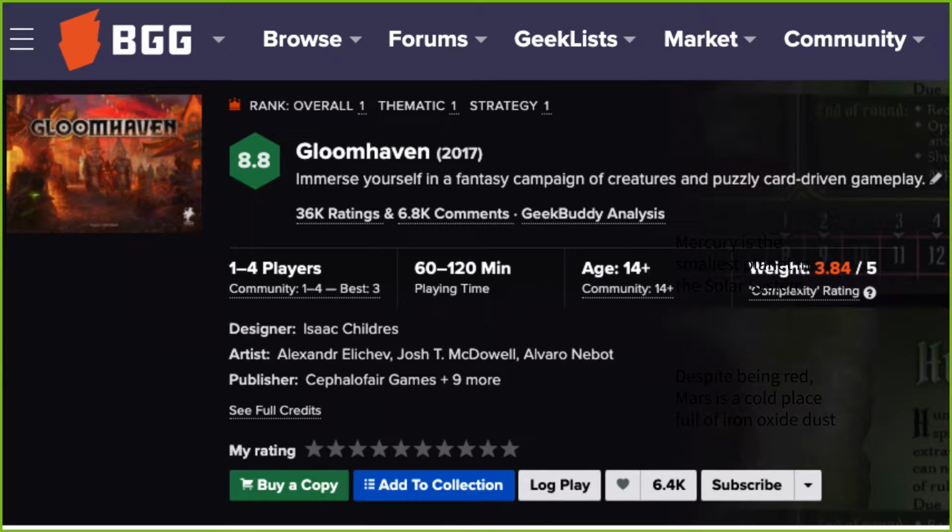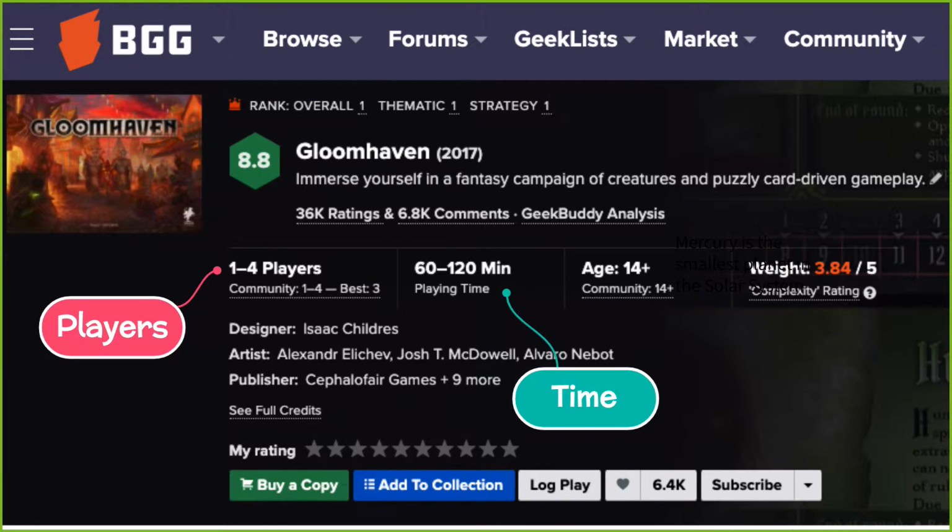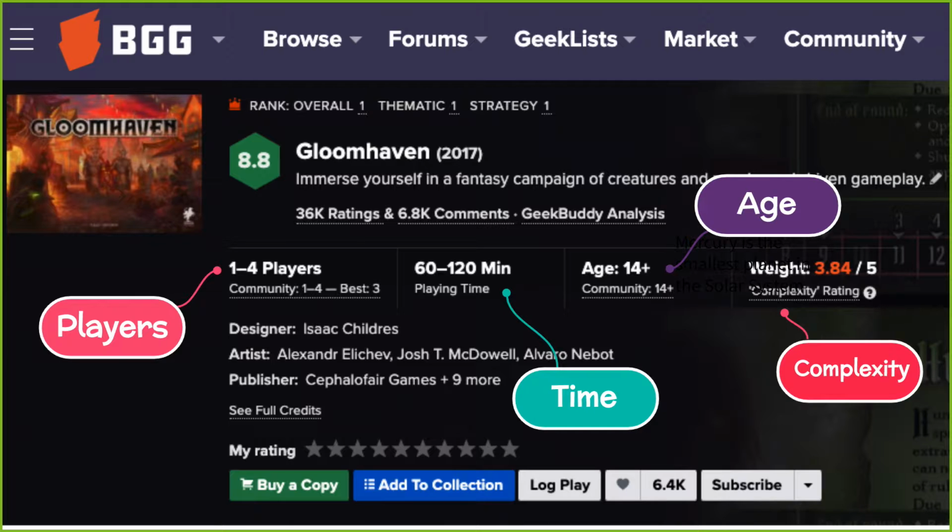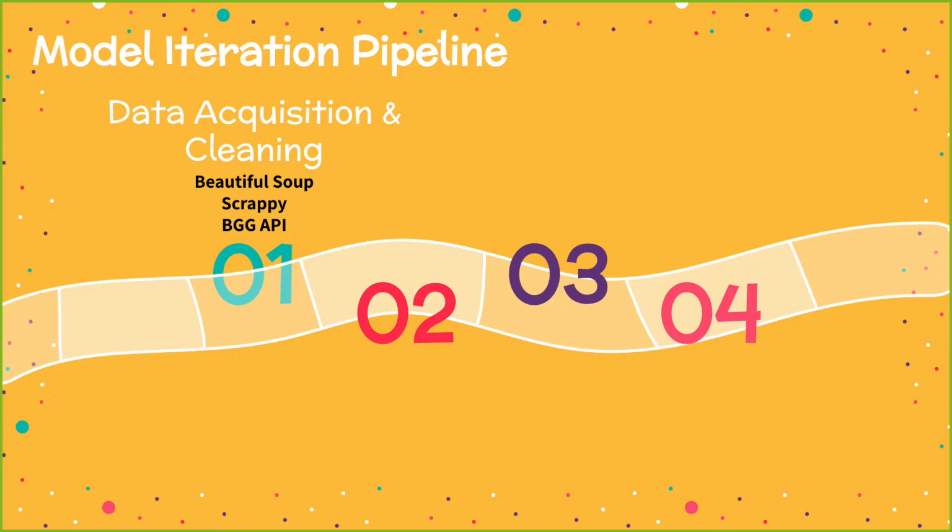The main reason why I feel you would be interested in my model is that I specifically chose features that I feel we as board game designers could take into consideration during our board game design process. My model iteration consists of first acquiring all the data, which included basically 120,000 board games.